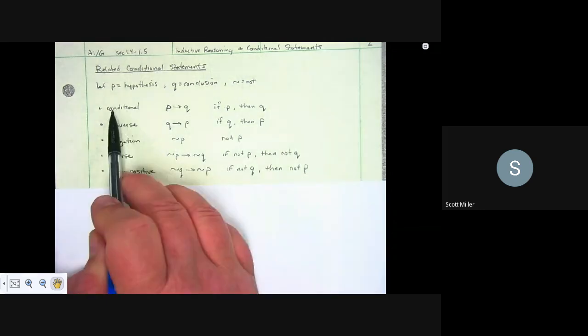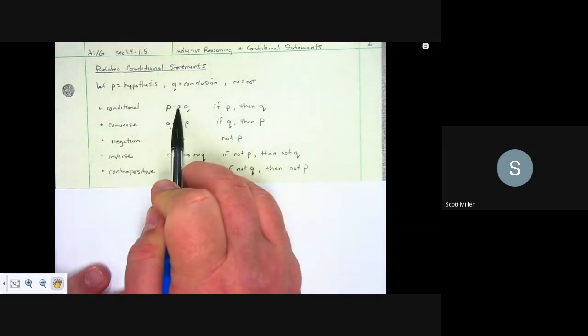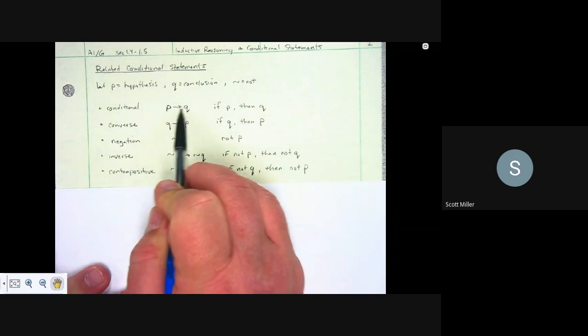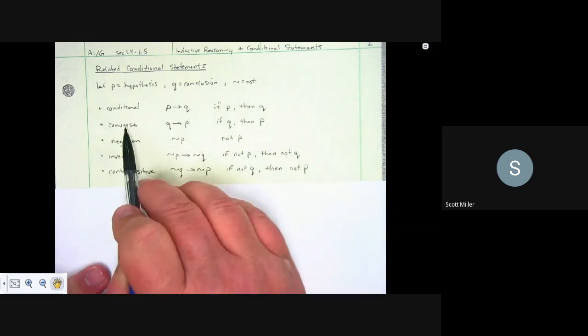So here are some other ones besides a conditional statement. You have these kind of things. And here's the relationship between them. A conditional statement using P and Q would be P and then an arrow pointing to Q. It means P implies Q. It means if P, then Q. So when you see these symbols, this is what it means. Then you have what's called the converse statement.